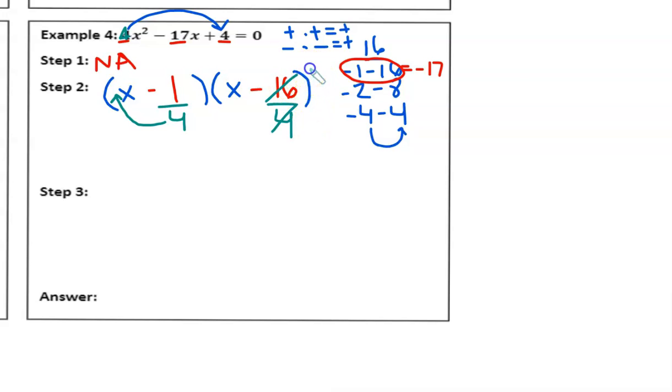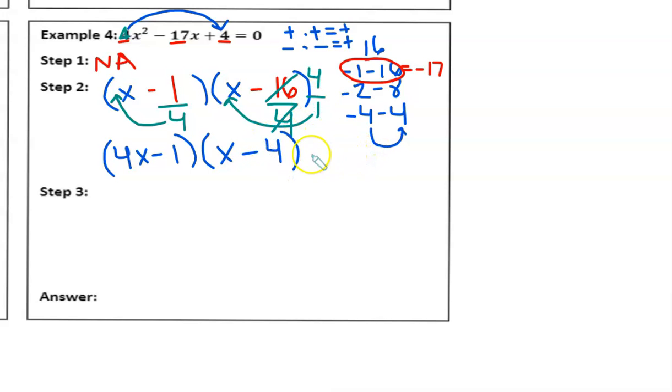So 16 divided by 4 is 4, and 4 divided by 4 is 1. So this 1 you don't have to write. Remember, you don't have to write the invisible ones. So when I write this, the 4 comes up, and you could write the 1, but I'm not going to. So x and minus, and then remember the 16 reduced down to a 4.